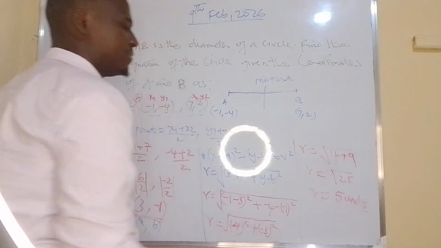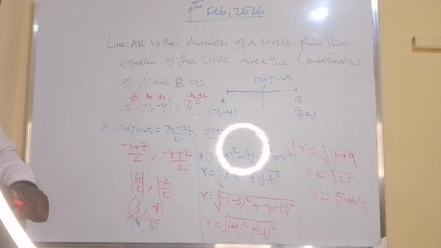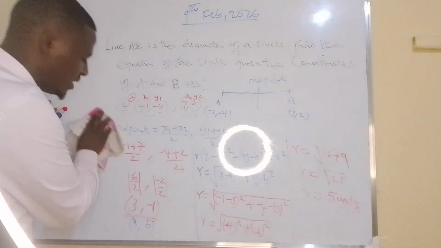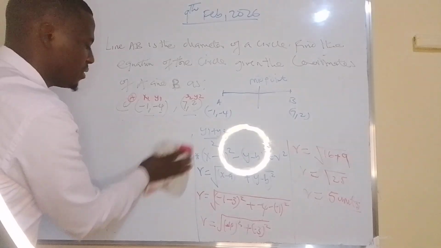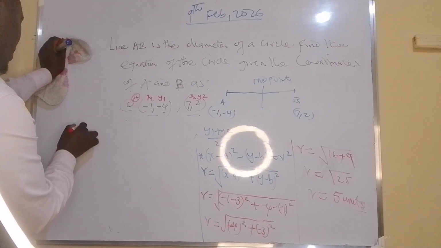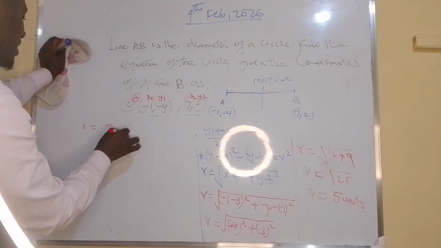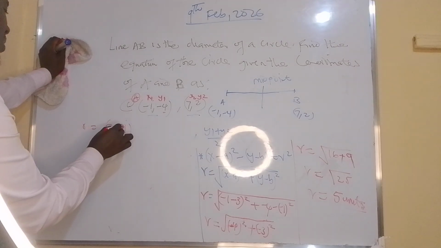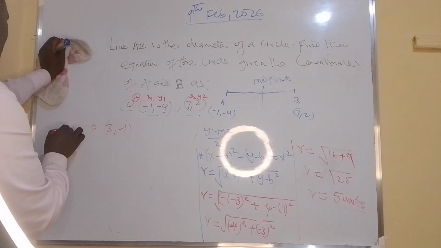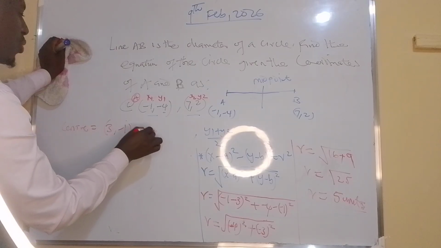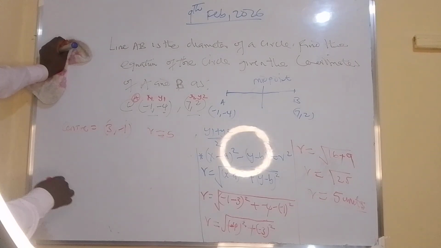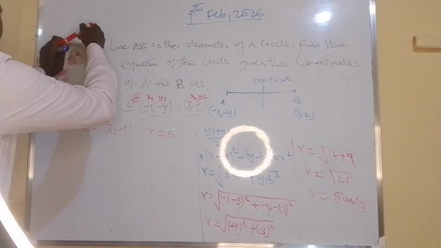R is 5 units. R being 5 units, getting the equation is very simple. Don't forget we have the center (3, -1) and our radius, which is 5. So with the center and with the radius, we can look for the equation. Very easy.